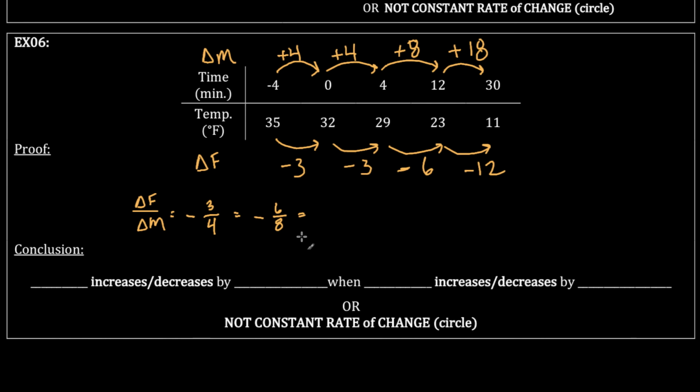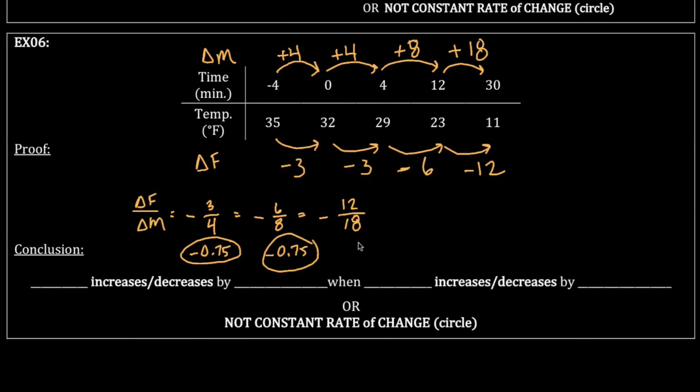And then a negative over positive is a negative 12 over 18. So negative 3 over 4 is negative 0.75. Negative 6 divided by 8 is negative 0.75. And negative 12 over 18. This one I will have to check.